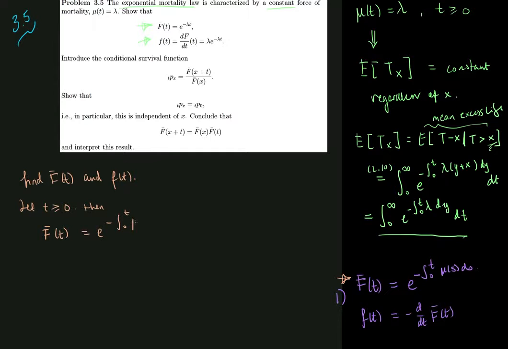And our mortality rate is constantly equal to lambda. So what we have is e to the minus integral from 0 to t of lambda ds. And this is exactly e to the minus lambda t, because lambda is constant, so the integral is just the constant multiplied by the length of the interval.